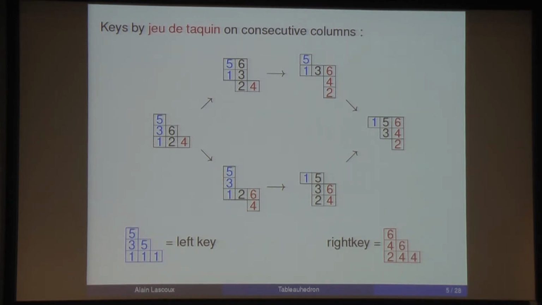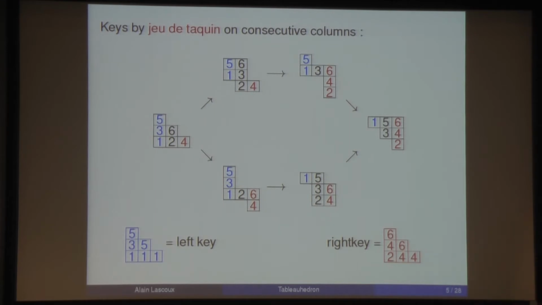How you chose the first slide? Sorry? Repeat how you chose to do the first slide. So here, what I say is that I take every time a pair of consecutive columns. And so it's either a tableau or it's a skew tableau. And I switch the two lengths by the jeu de taquin. That's to say, I transform a tableau into a skew tableau packed in the other corner, or conversely.